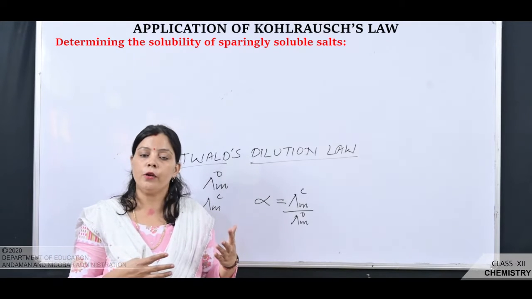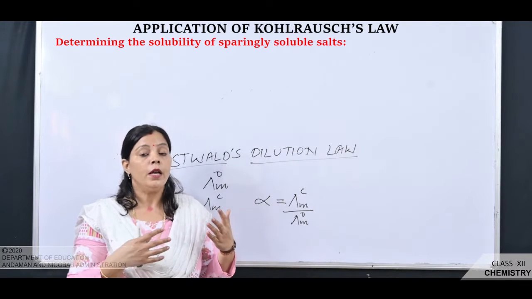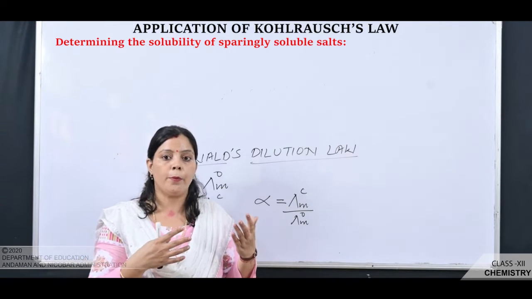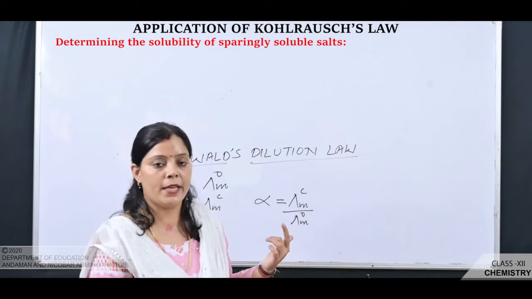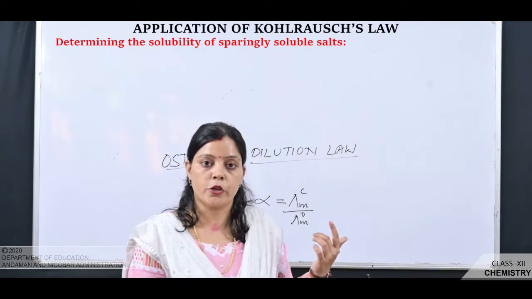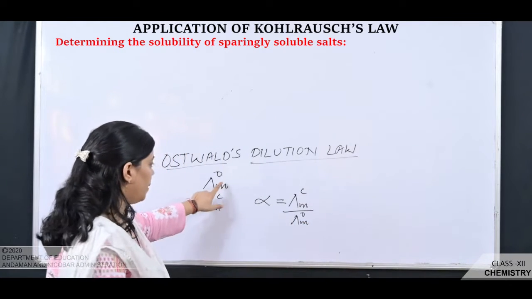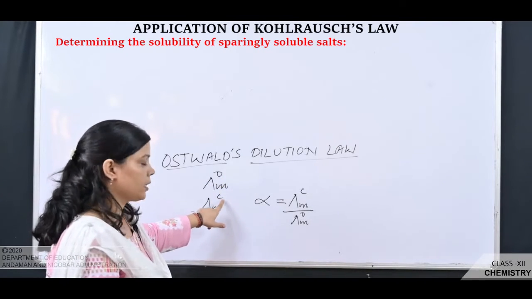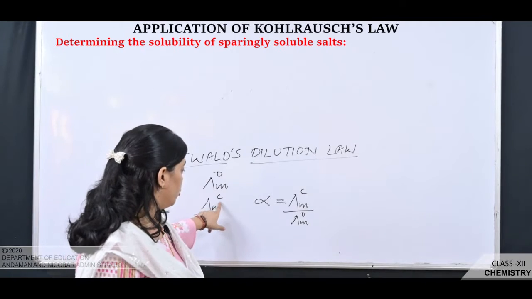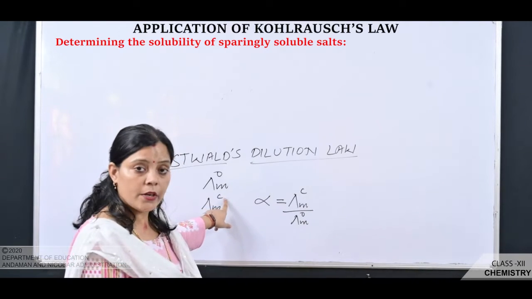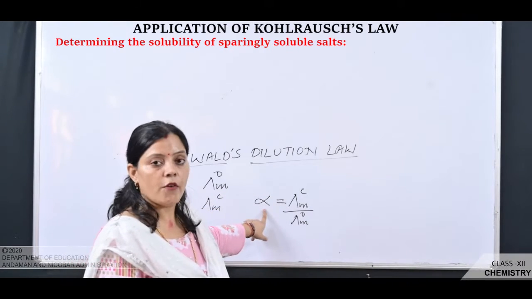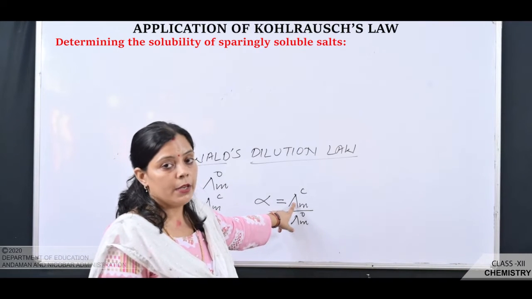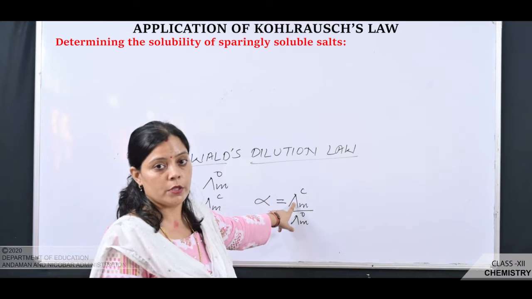So at infinite dilution the concentration approaches zero and the degree of dissociation approaches unity, and this law is named Ostwald dilution law. If kappa m naught is the limiting molar conductivity and kappa mc is the molar conductivity at a given concentration of the solution, then the degree of ionization or dissociation can be written as kappa mc divided by kappa m naught.